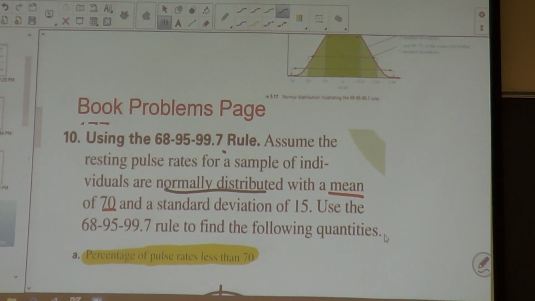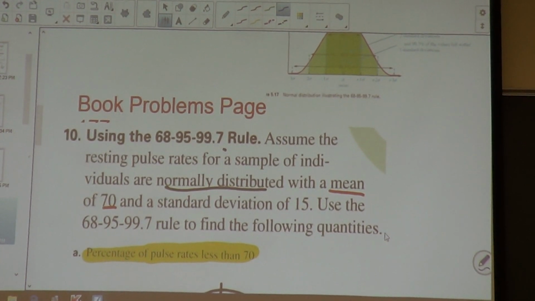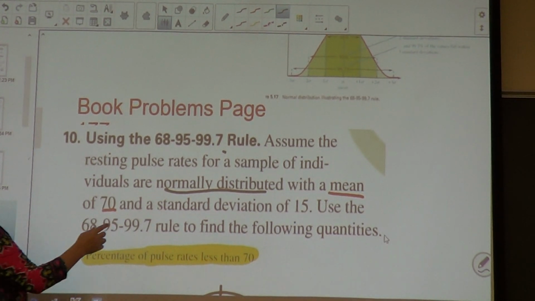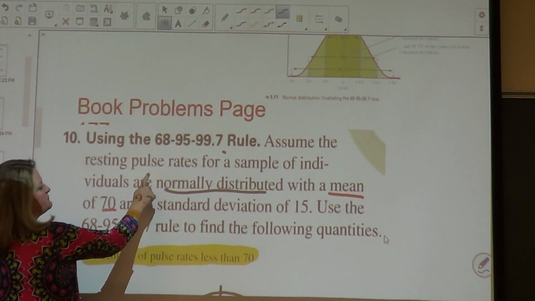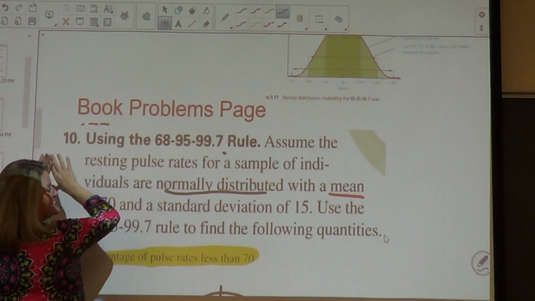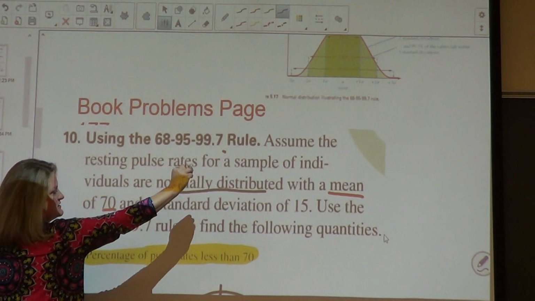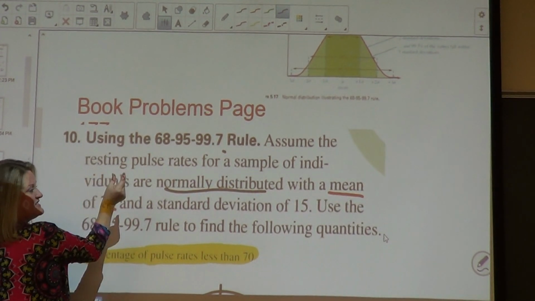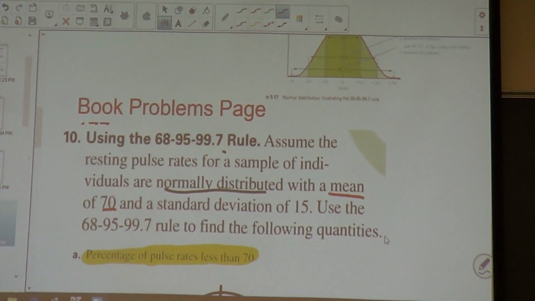Alright, this first problem says, and for everything that we're doing from now on, it's going to be a normal distribution. So it says, assume the resting pulse rates for individuals have a normal distribution. So that's telling me that it's going to look like this. The mean is 70, and the standard deviation is 15, because you're going to have to be able to draw the picture.